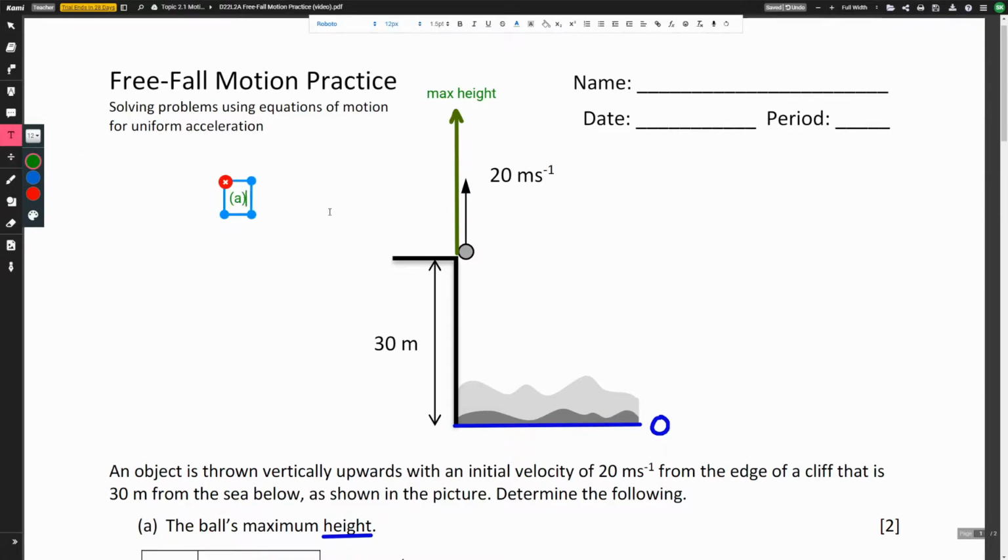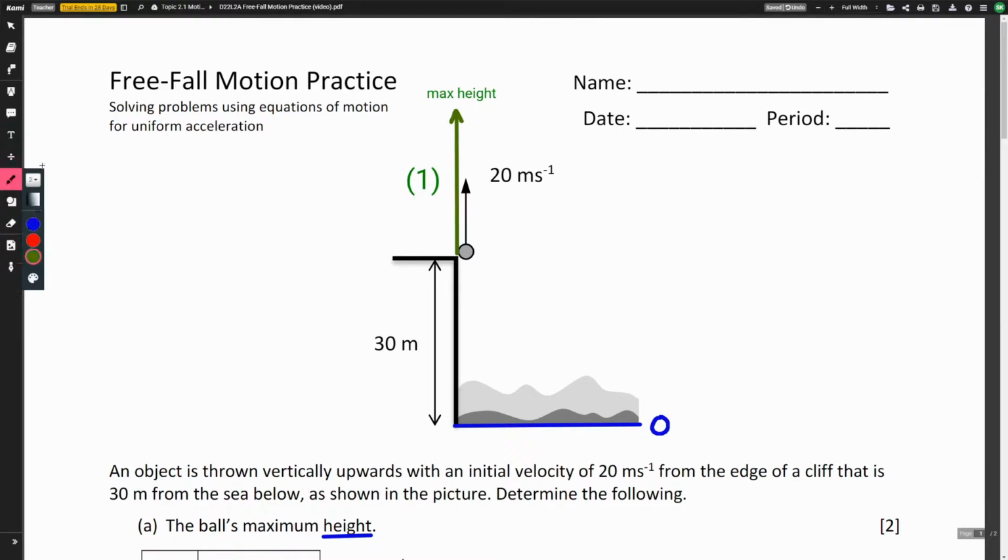Because what's going to happen to the ball after it reaches this highest point? Well, it's going to fall back down. Then from the max height, it's going to fall back down and splash into the sea, and that'll be the second part of the motion.